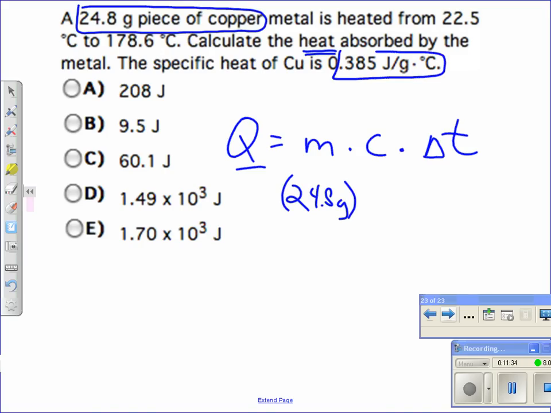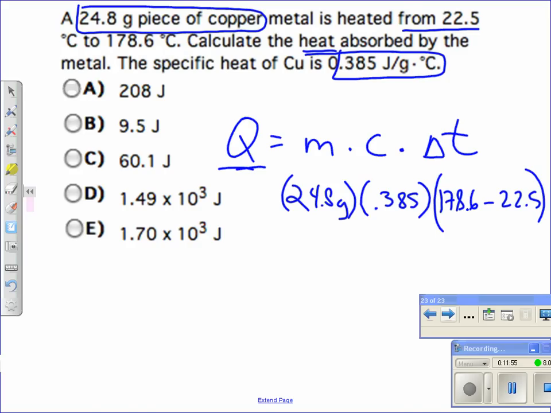Specific heat of copper in this case, if it's not water, they have to tell you what it is, or you solve for it. 0.385, and then finally temperature change. Heated from 22.5, so 22.5 will be my initial, to 178.6. Plug that in, and then do your calculations, and you find your Q, or your heat.